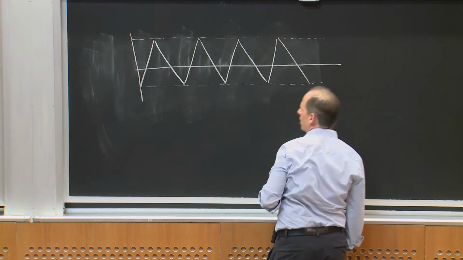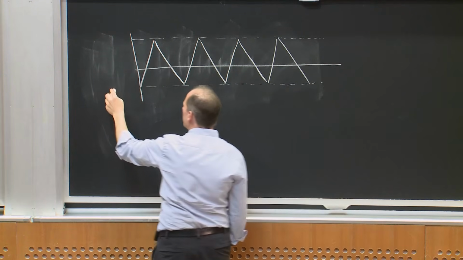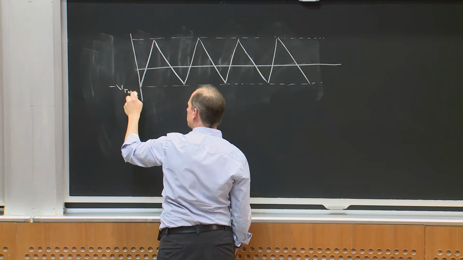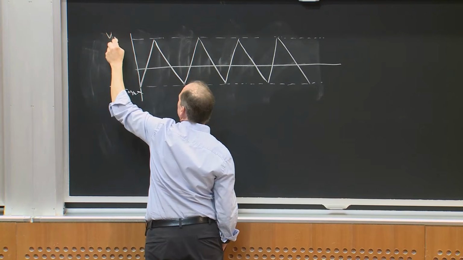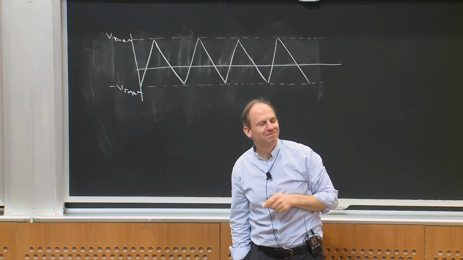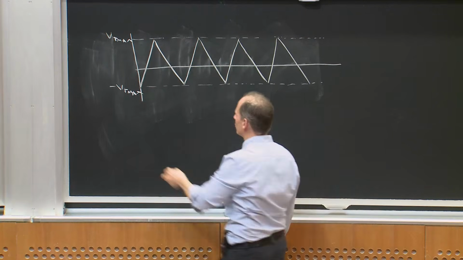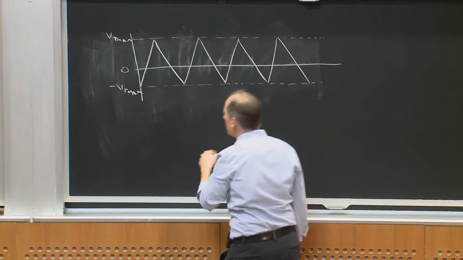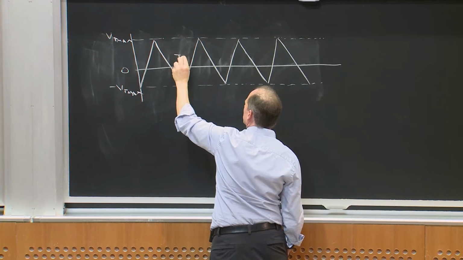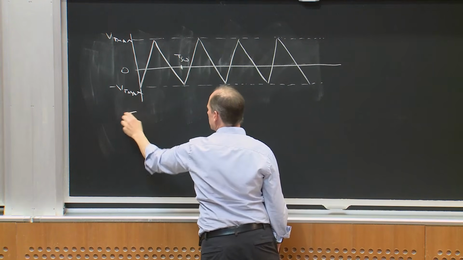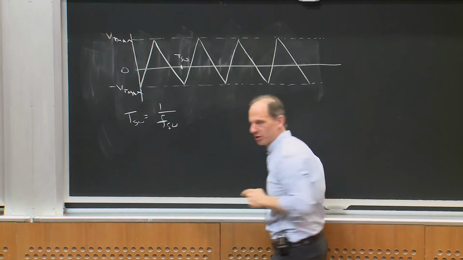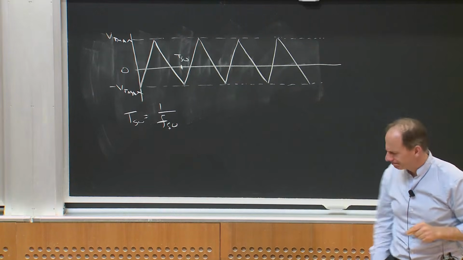But here I have a triangle wave. Maybe I'll call this minus VT max and VT max, right? We might think of those as plus or minus 1 volt, and this is 0. And this, we might think of as T-switch. T-switch is equal to 1 over the switching frequency that I'm going to switch at, okay?